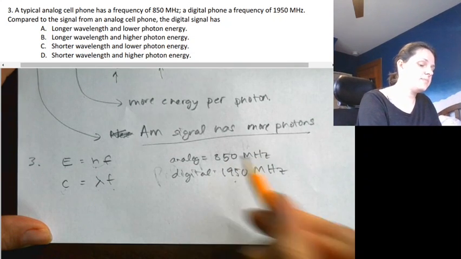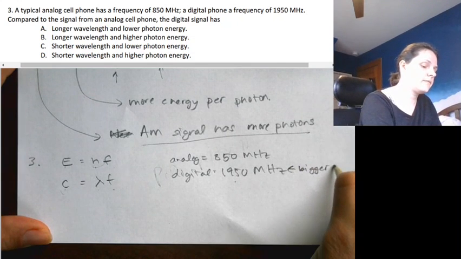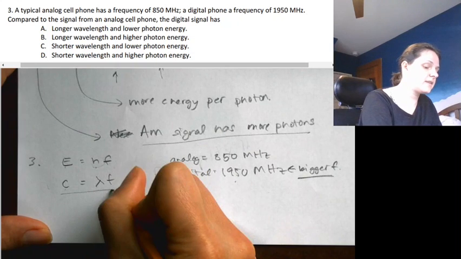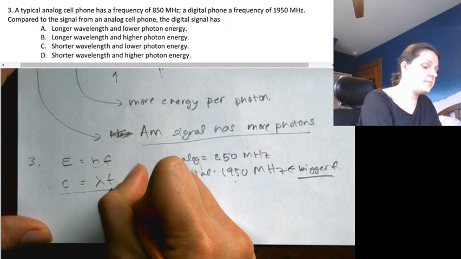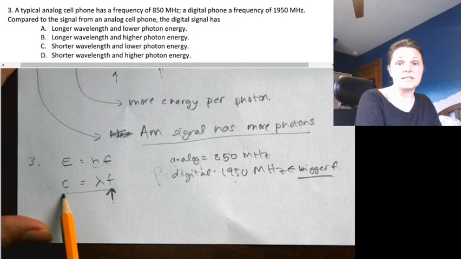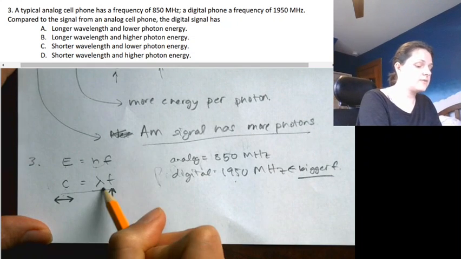So 1950 is bigger than 850, so this is bigger F. The digital signal has a bigger F. Everything travels at the same speed, the speed of light, so they have the same C. And that only leaves us with lambda.